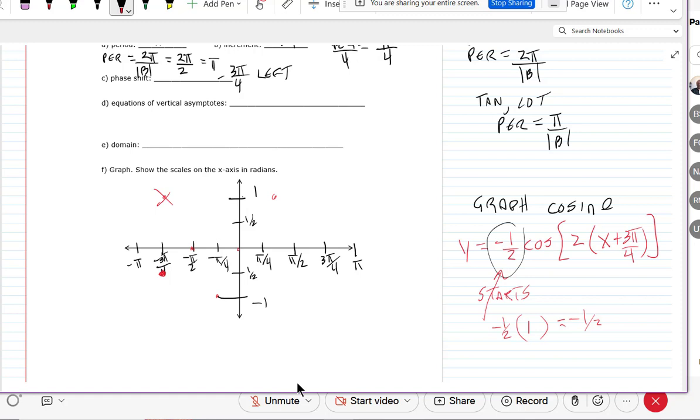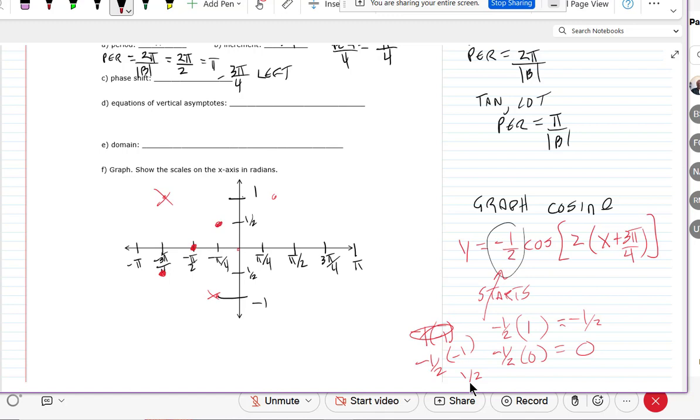If I take this y value of 0 and multiply by negative half, that's still 0, so that point stays where it needs to be. The other thing is this point is negative 1. So negative 1 times negative 1 half gives me positive a half. So this point moves to here.